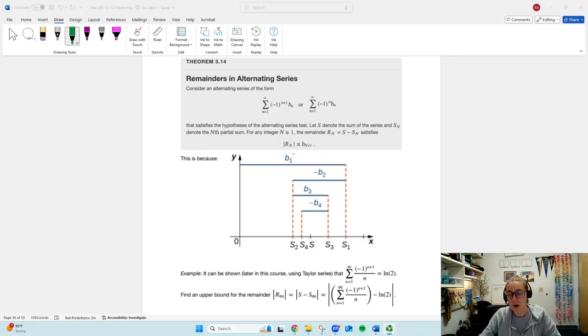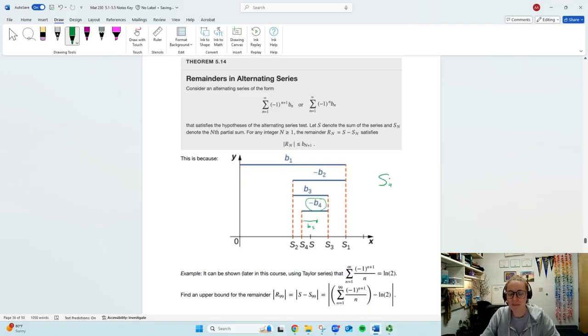Because our sequence itself is decreasing and we're alternating between positive and negative, if I'm looking at this b sub 4 term, and looking at my summation of all 4 of those terms, all I would have to do is look at what my b sub 5 term is going to be, and how far off I am is going to be contained in that b sub 5.